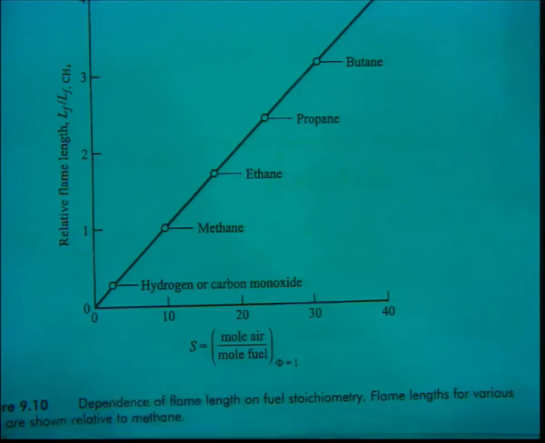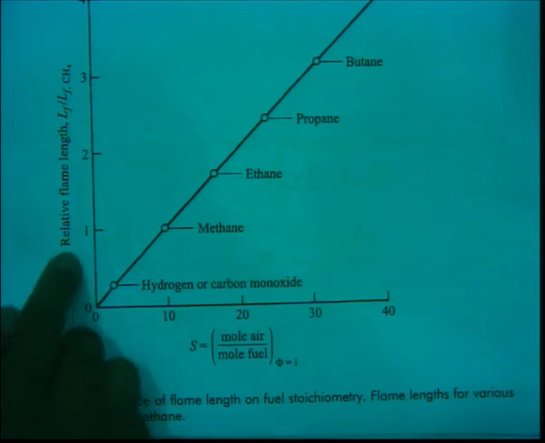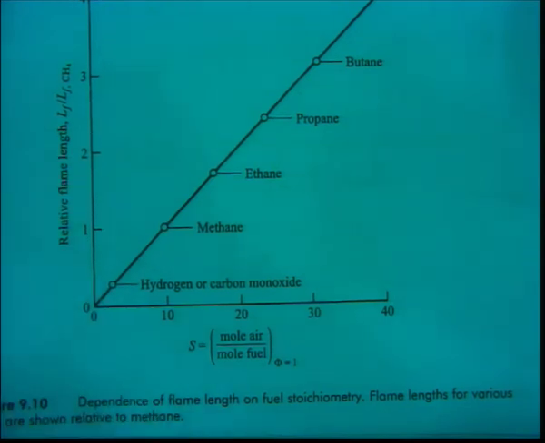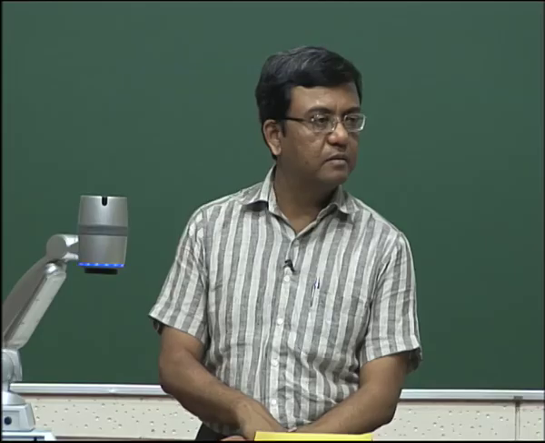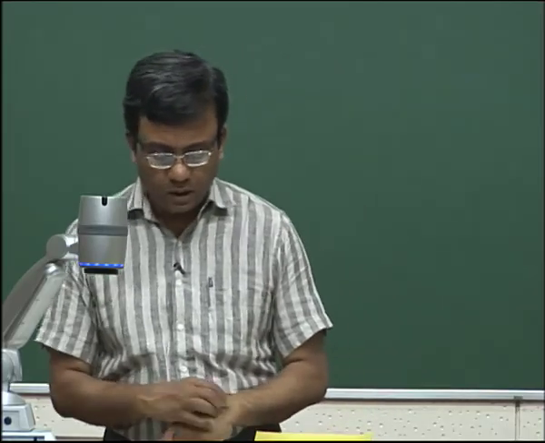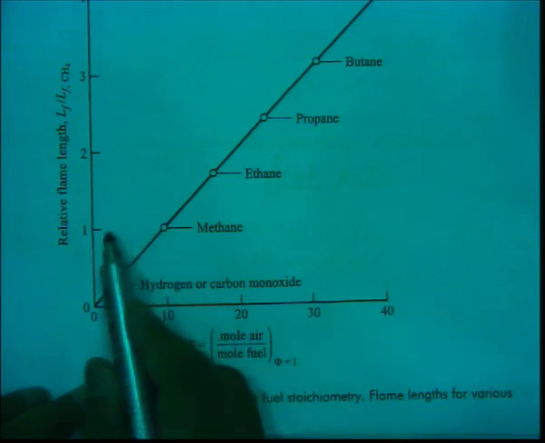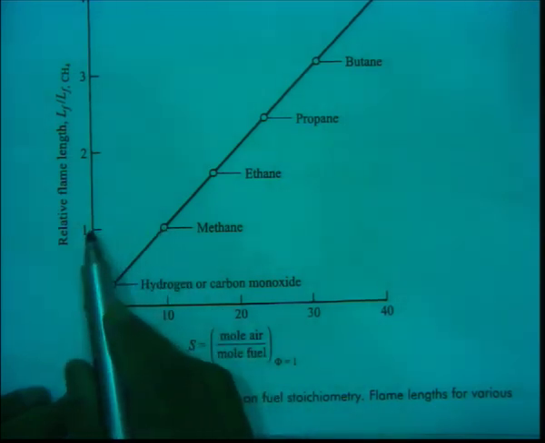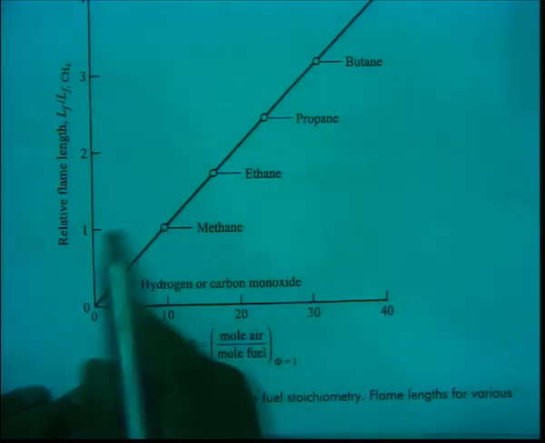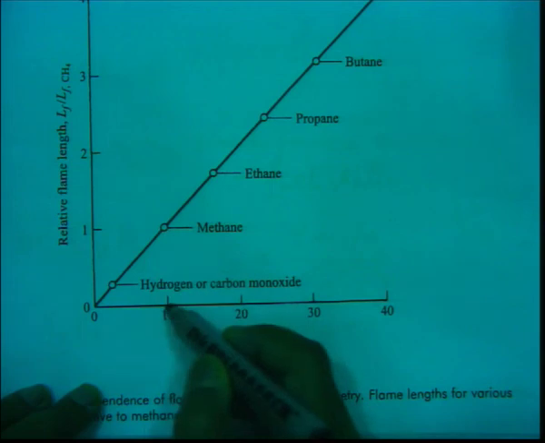So, what is plotted on the y axis is relative flame length, which is flame length divided by flame length for methane, right? And for methane, the relative flame length will obviously be equal to 1. So, that is on the y axis. What is the x axis value for methane?